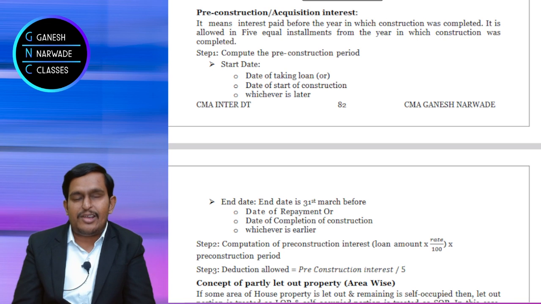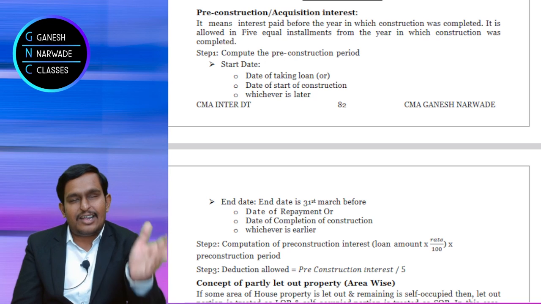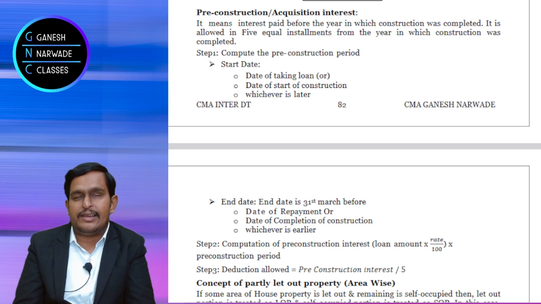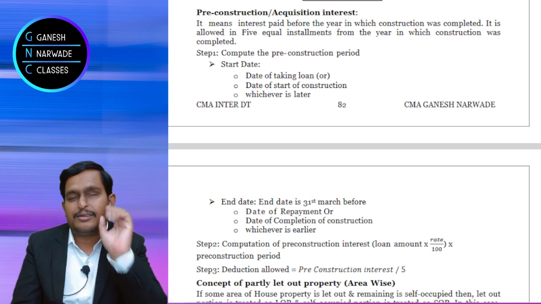That's why the government said we will give deduction after the construction is complete. Can you get deduction when you pay the interest or when the interest is due? No. You can claim the deduction only after construction is complete.